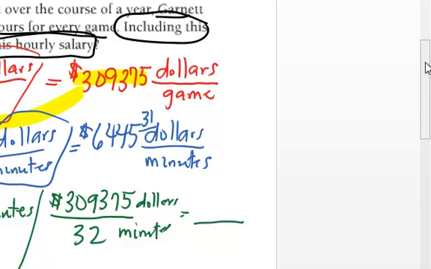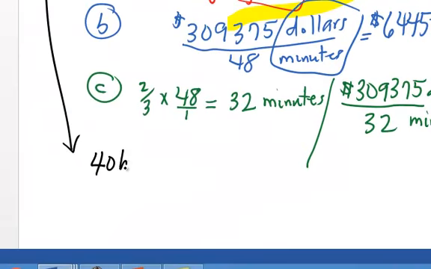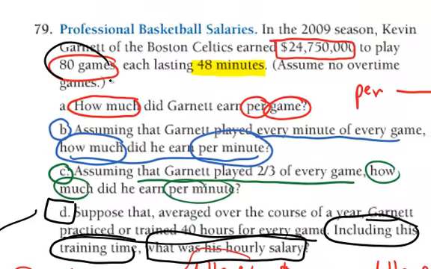If he trains 40 hours for every game, they don't play every day, I would have 40 hours, this is part D, I would have 40 hours for each game. And how many games did he play? At the very beginning of the whole problem, he played 80 games.